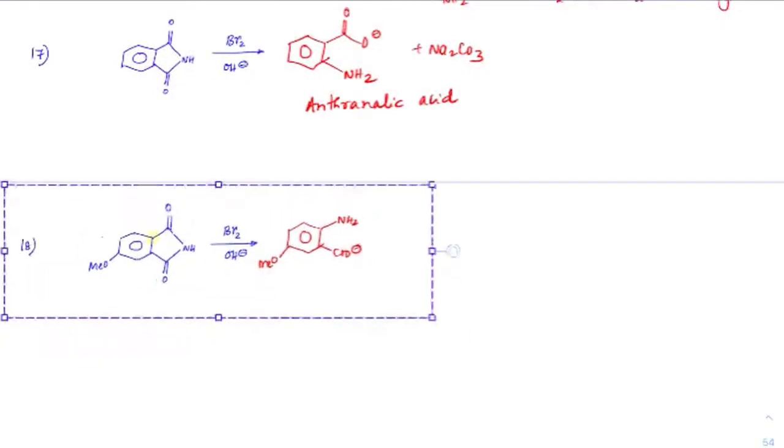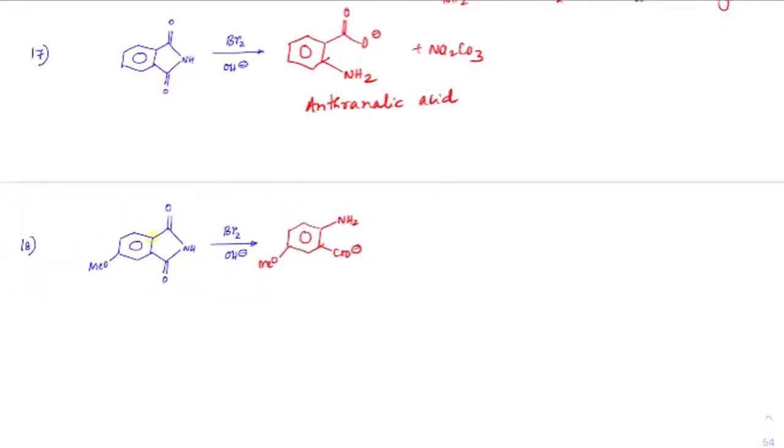Here it is the same Hofmann bromamide degradation, except there is a methoxy group here, so it is donating. Since it is donating, this carbon position will be more active as it is at the para position. So para, here there will be donating groups. So this migration will be better as compared to that of this alkyl migration.